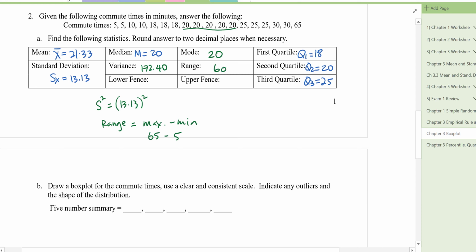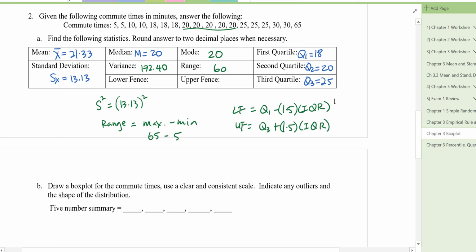Now let's calculate the upper fence and lower fence. We'll recall that the lower fence is equal to Q1 minus 1.5 times IQR, where the upper fence is equal to Q3 plus 1.5 times IQR.